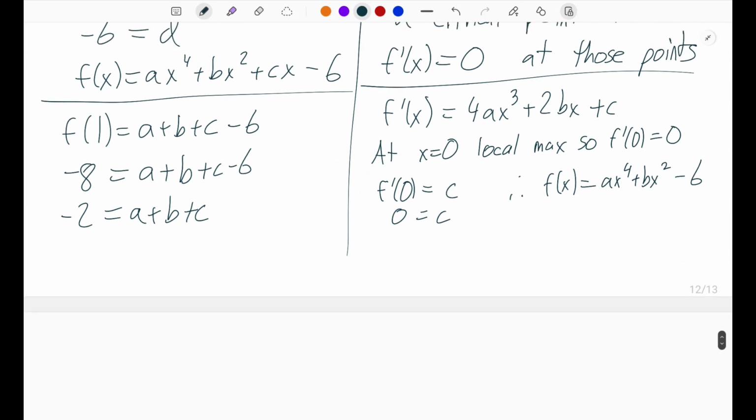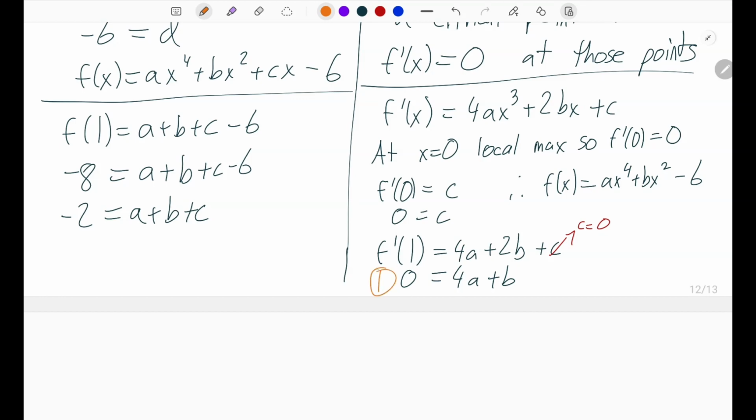So we have f prime of x equal to that. And f prime of 1 is going to be equal to 0 again, but let's plug in 1. So it's going to be 4a plus 2b plus c, but we know that c is equal to 0. And that's equal to 0. So 0 is equal to 4a plus 2b. I'm going to call this equation 1.